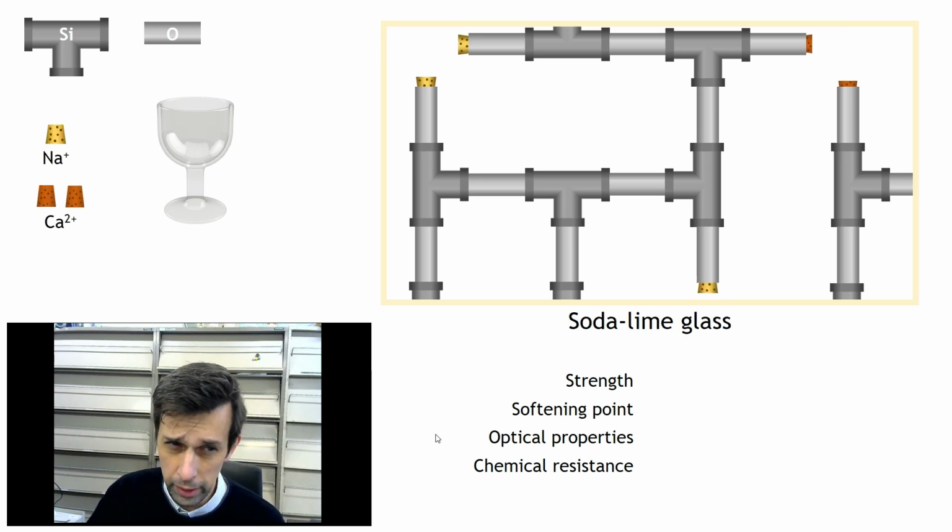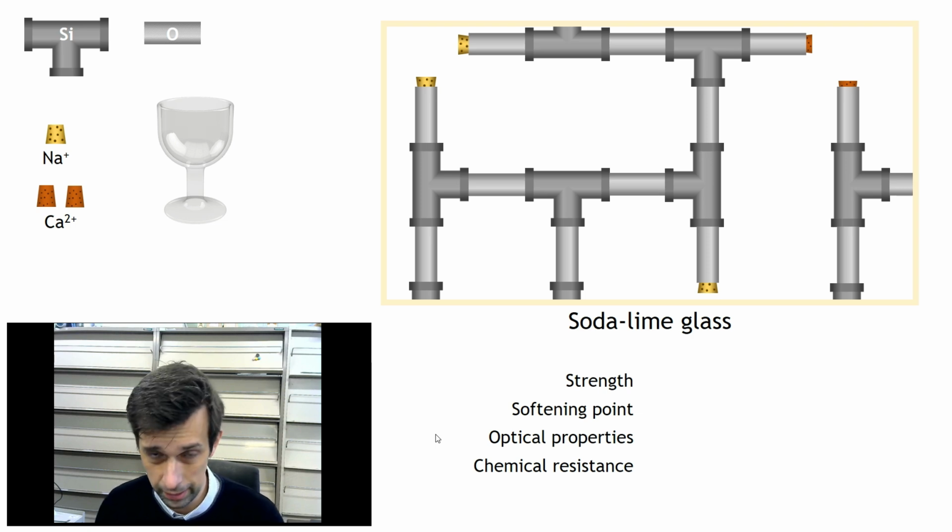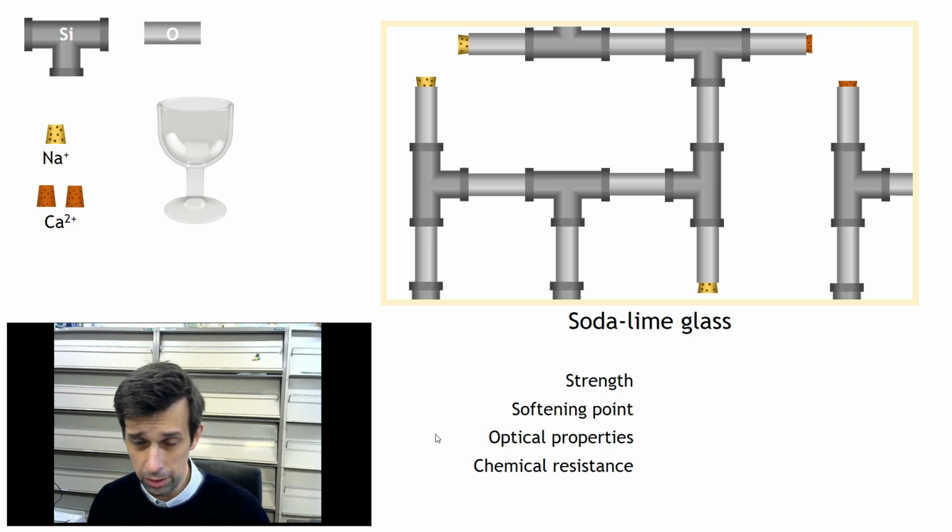So what we work with is what we call soda lime glass. In soda lime glass, we have other atoms like sodium and calcium that act like caps and close the piping, basically. They take the position of the silicon, but instead of connecting the network together, they stop the network.